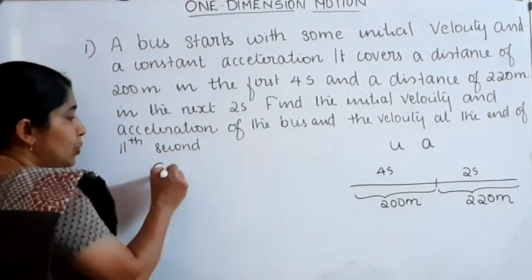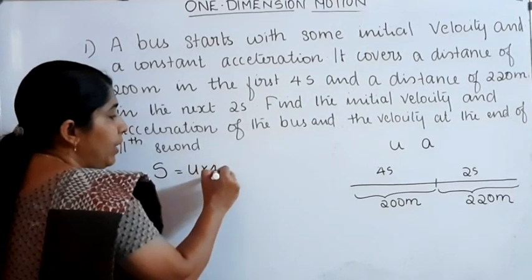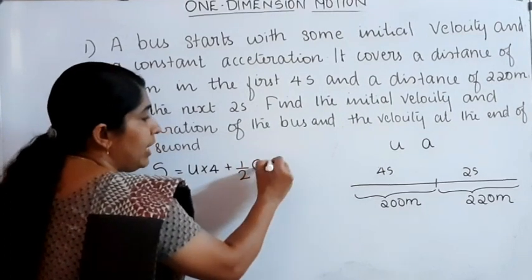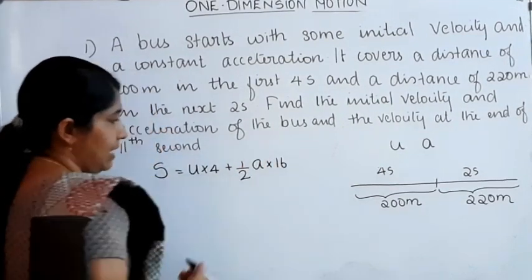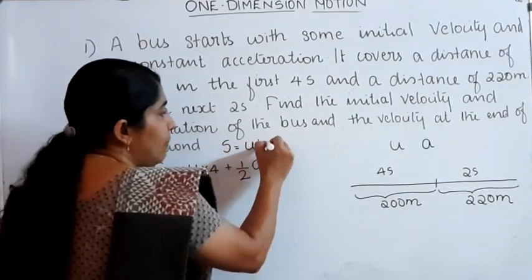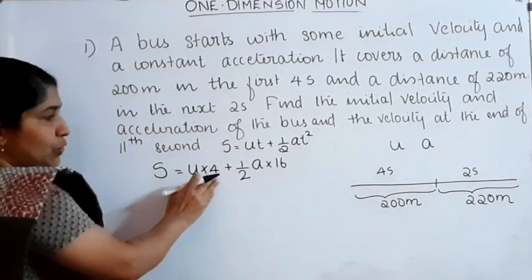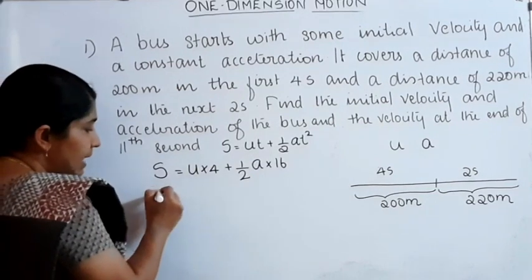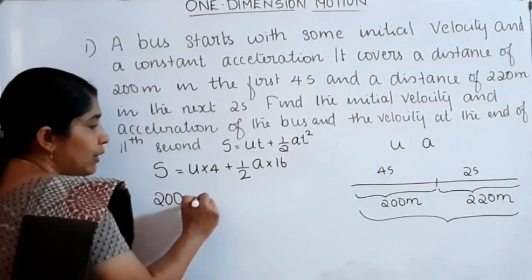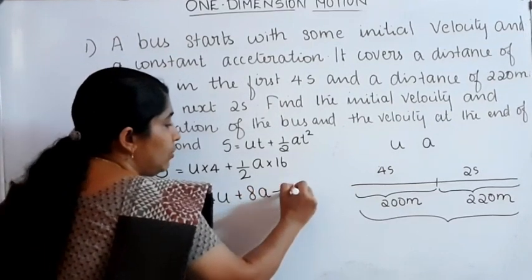Then s is equal to ut, t is equal to 4 seconds, so 4 plus half into a into t square, that is 4 square, which is 16. On substituting the value of t, we can write 200 is equal to 4u plus 8a. That is equation number 1.